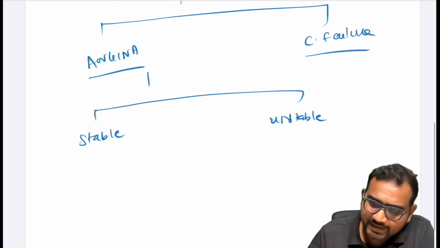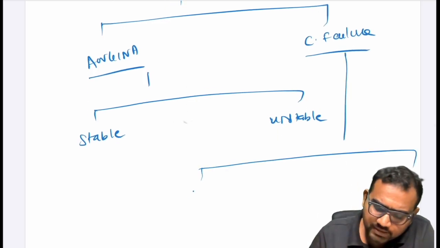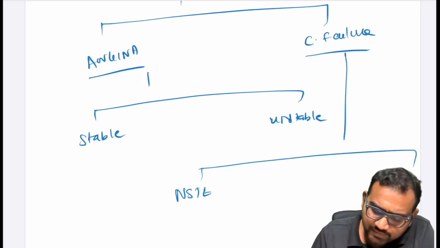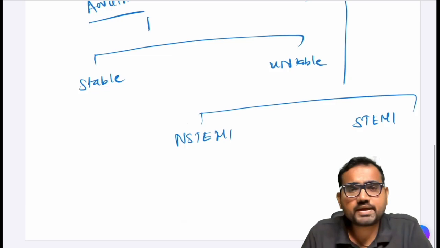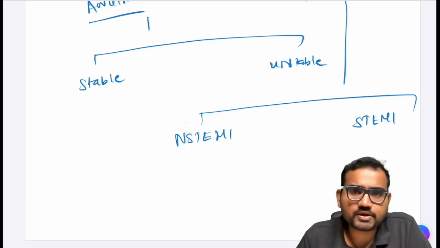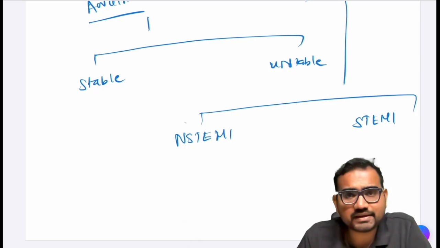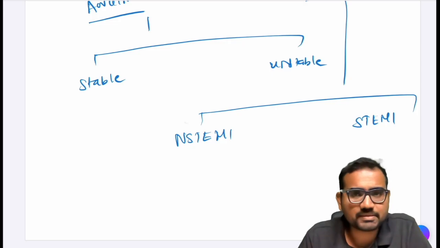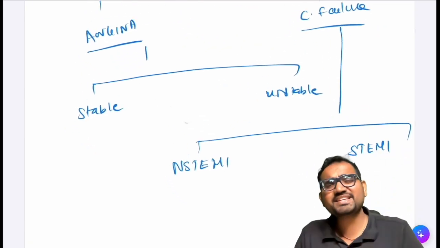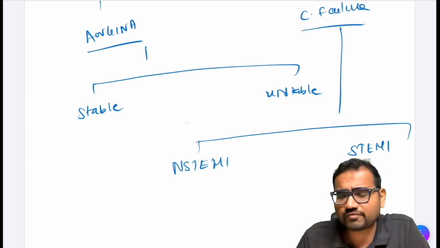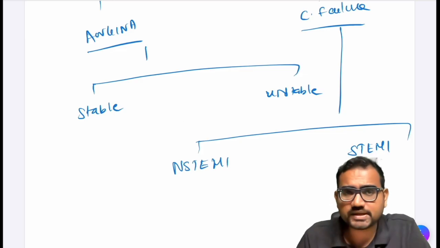And cardiac failure can be non-ST segment elevated myocardial infarction (NSTEMI) or ST segment elevated myocardial infarction. Okay, so we are going to deal with this in a very simple way. I'll tell you the key findings, and what you see in these conditions.